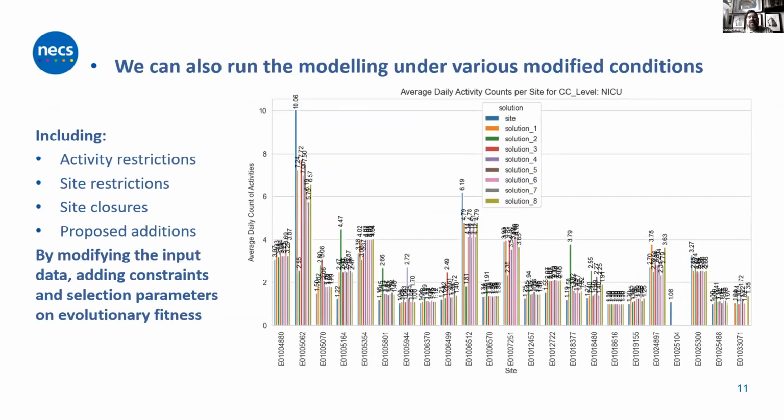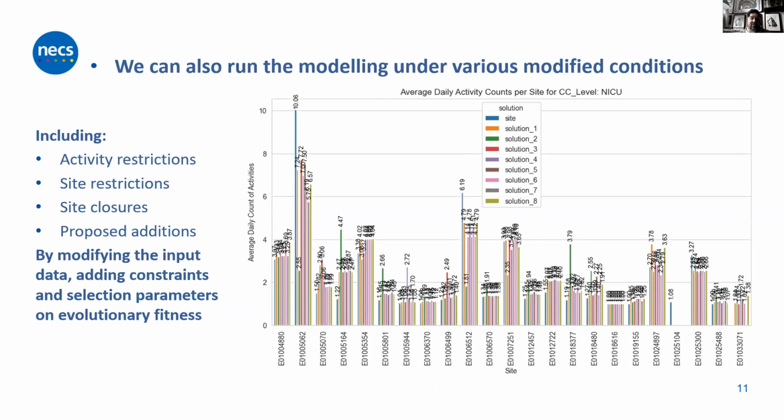So at the moment, we're at the stage of working through different solutions. Those different solutions may be things that the commissioners already have in mind from a clinical perspective, which might be to reduce activity on a certain unit and see how that activity then flows into other spaces.